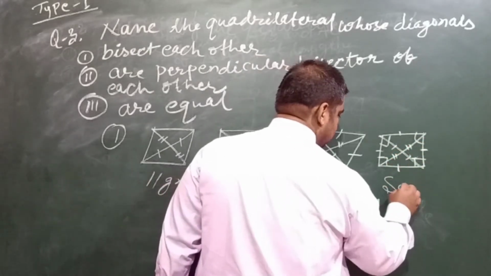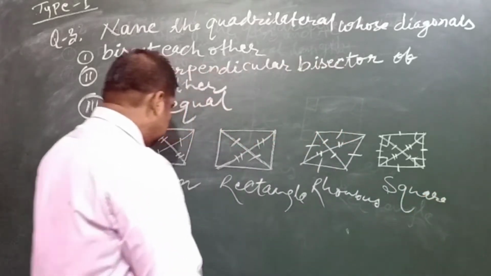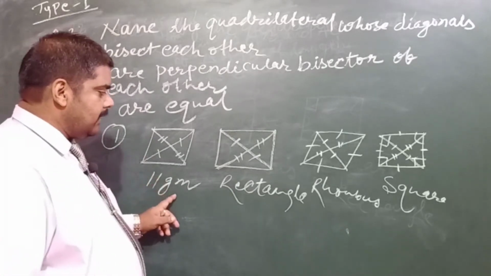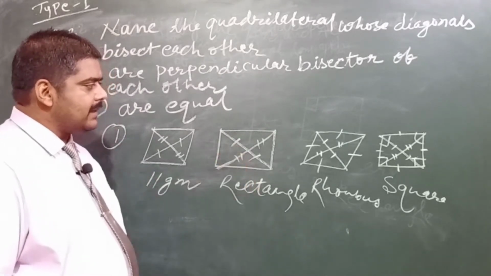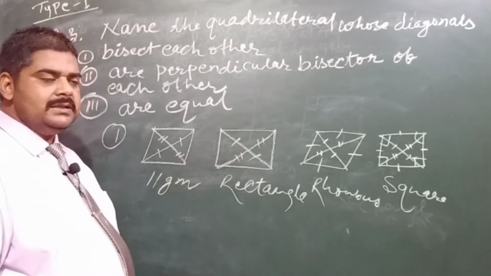So all four answers you can give for the first one: parallelogram, rectangle, rhombus and square, because in all the cases its diagonals bisect each other.